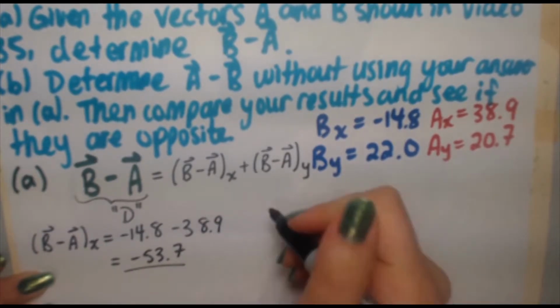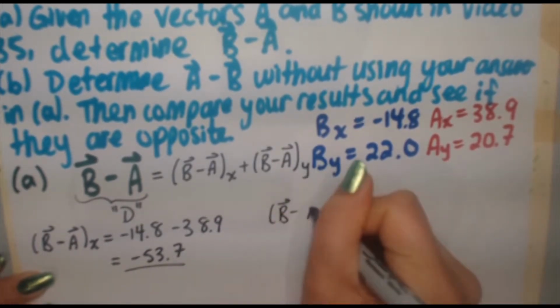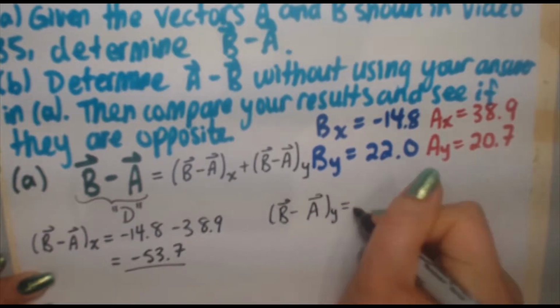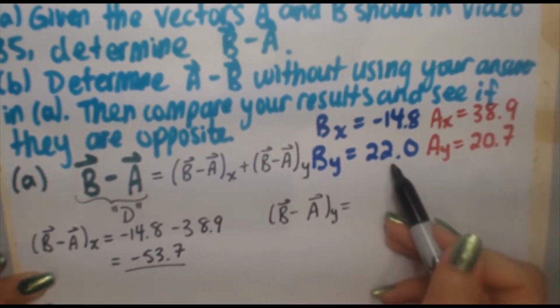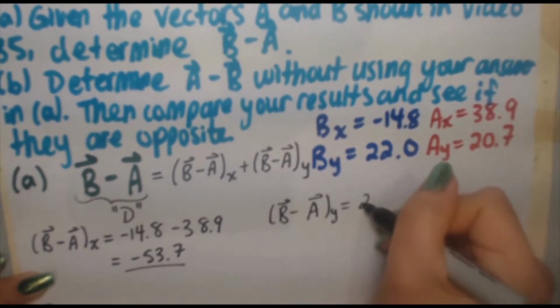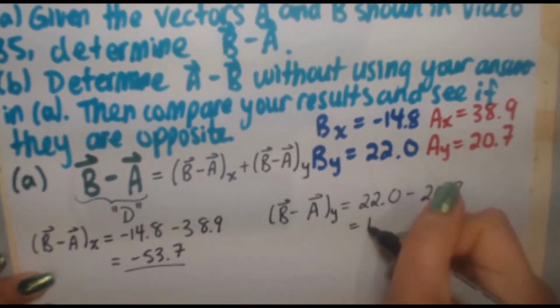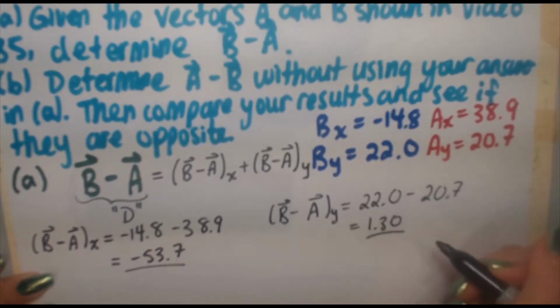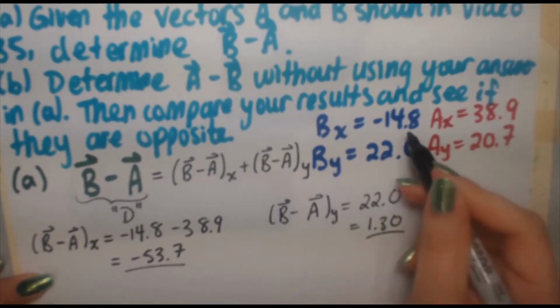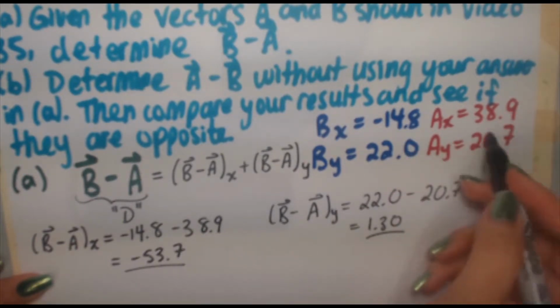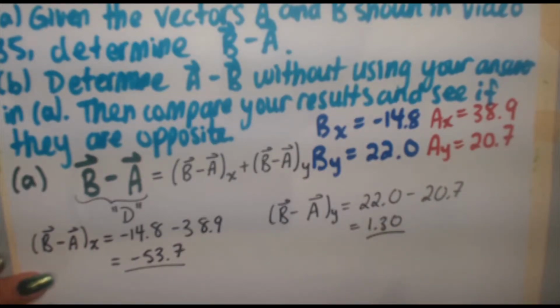Now let's do B minus A y. 22.0 minus 20.7. Subtract those two, you get 1.30. If you're following suit, 3 sig figs, you can see 3 sig figs in all four of these numbers. Now we've got those.